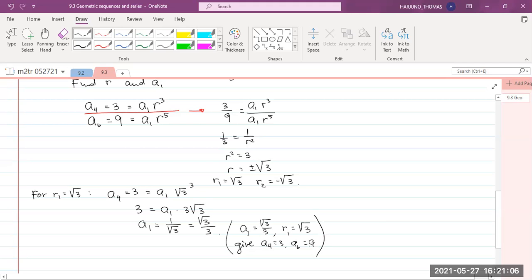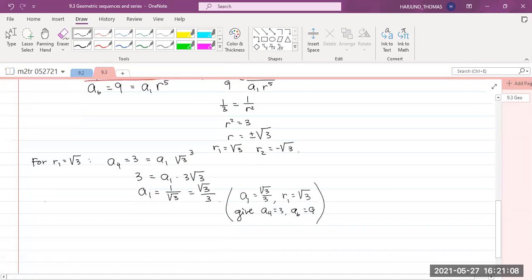Okay, but that's not the only way to make it. Another way is for r2 to equal negative radical 3. So the fourth term, which is 3, equals the first term times negative radical 3 cubed.